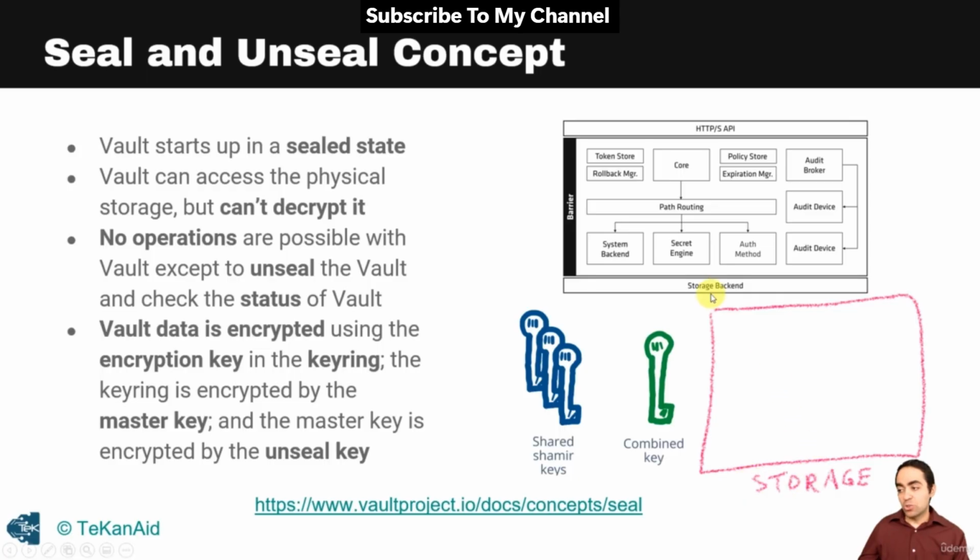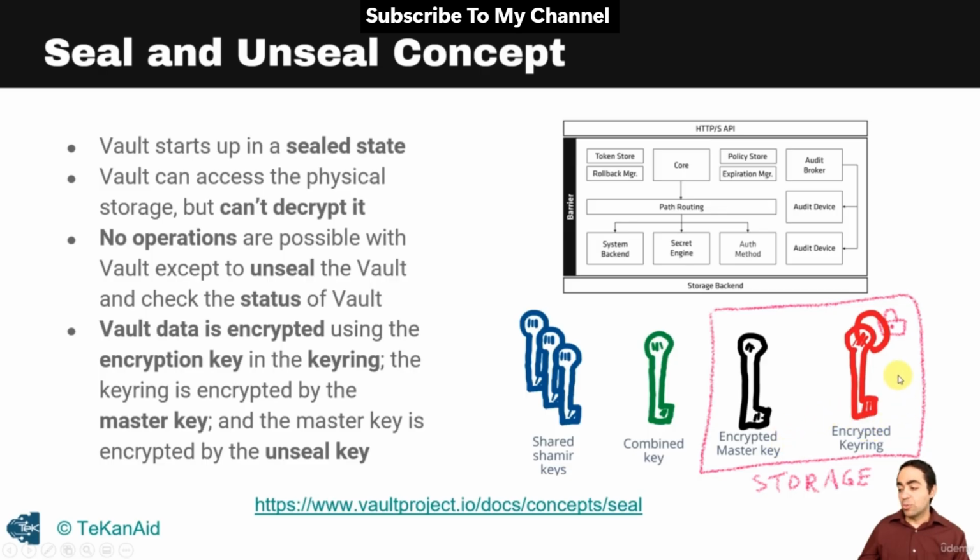Inside the storage backend, we have a master key that is encrypted, and we also have a key ring that is also encrypted. So if we go back to this bullet point, it'll make a little bit more sense. Remember, the data inside of Vault is encrypted with the encryption key in the key ring.